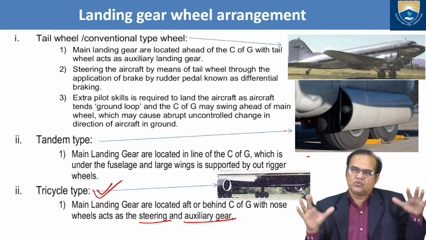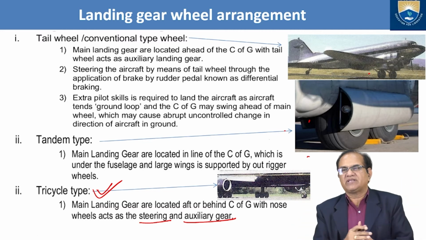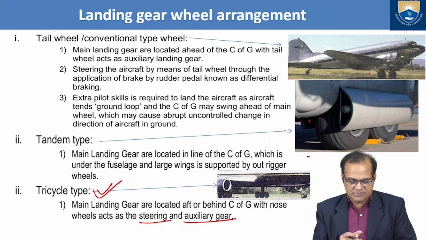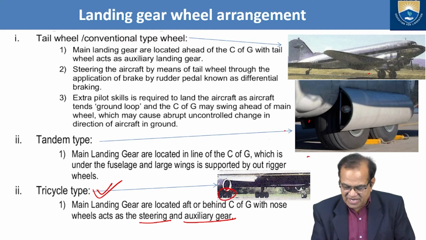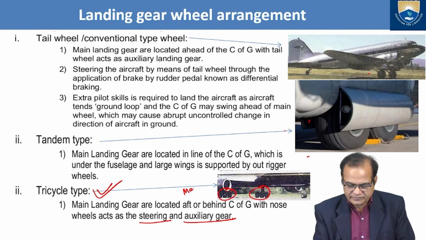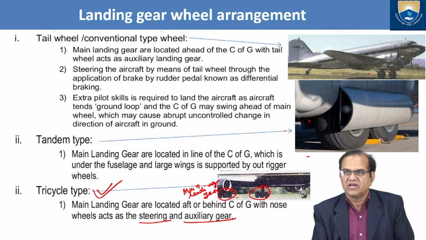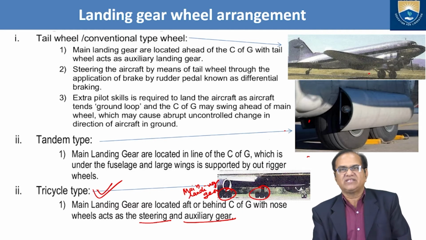Actually, it is not used to absorb the main shocks. Main shocks are absorbed by the main landing gear. These are the main landing gears. But the nose wheel is used as an auxiliary gear and also to give steering direction on the ground. That is the purpose.